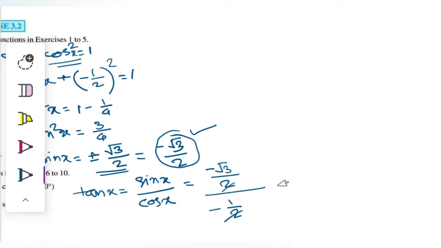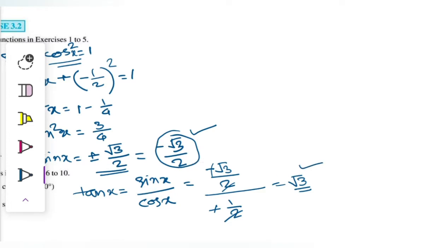The 2s cancel, and minus and minus also cancel. We get the value root 3. And obviously in the third quadrant tan is positive, and here we get a positive value. Therefore tan x equals root 3.